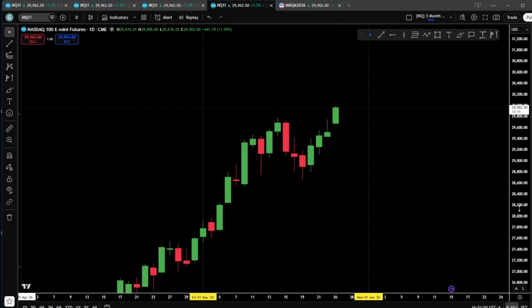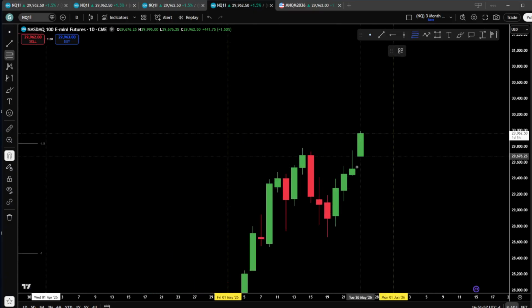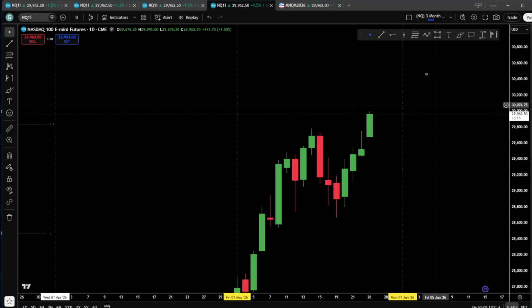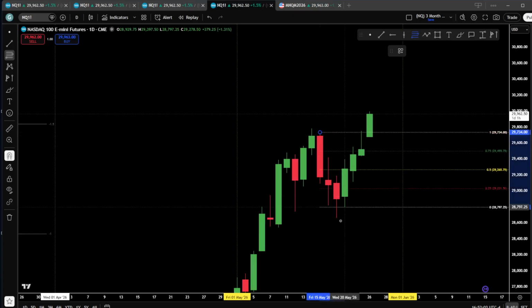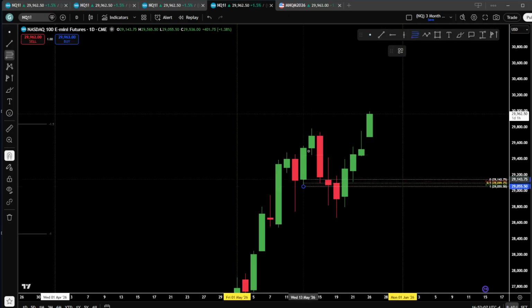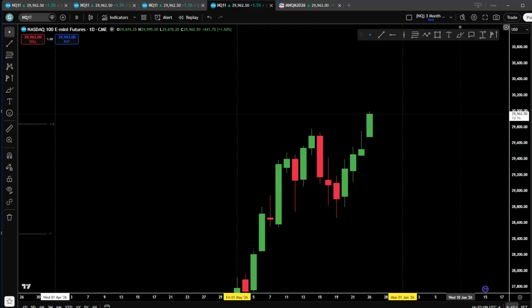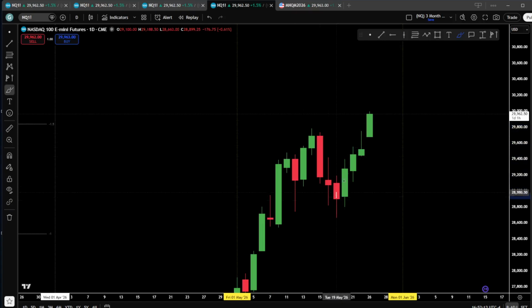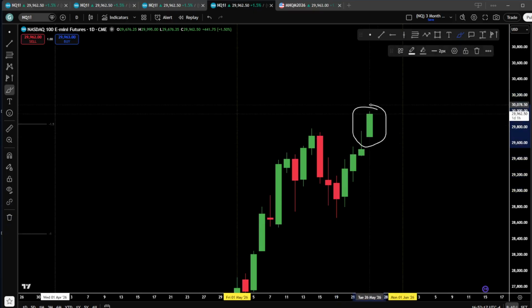In terms of discount arrays, there's obviously the new week opening gap. There's a bullish order block, and there's a bullish breaker. This was previously a bearish order block. Now that the market has traded above it, again, this candle still needs to close.